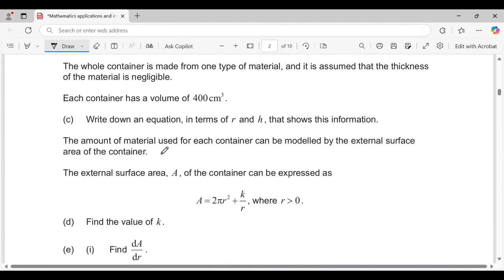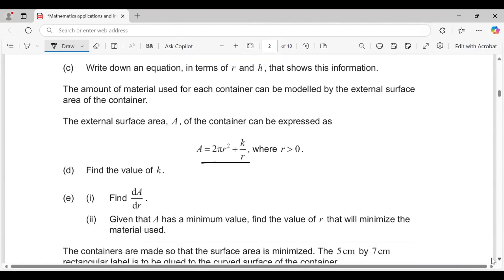The amount of material used for each container can be modeled by the external surface area of the container. The external surface area A of the container can be expressed as this equation where R is greater than 0.